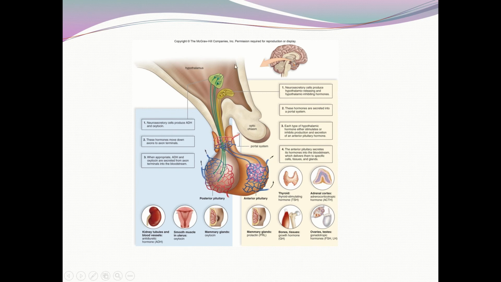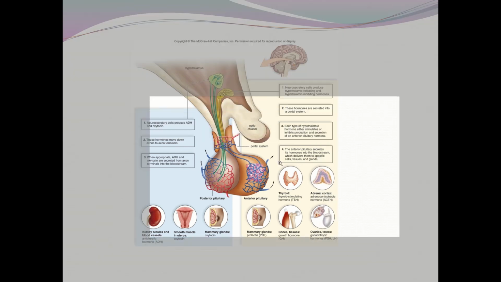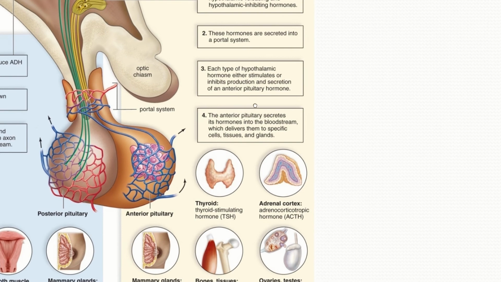The hypothalamus, which is part of the diencephalon, is important in regulating the pituitary gland. Recall that the pituitary gland is divided into the anterior pituitary and the posterior pituitary. Let's take a look at the anterior pituitary gland.